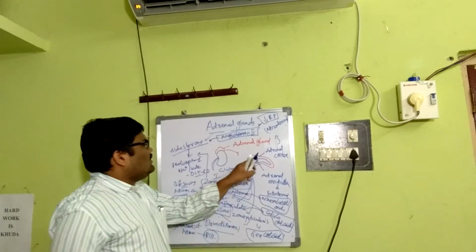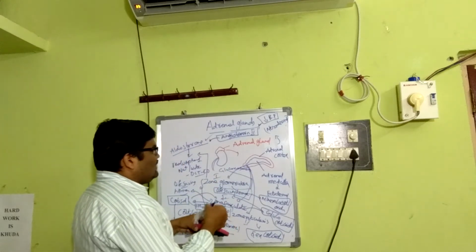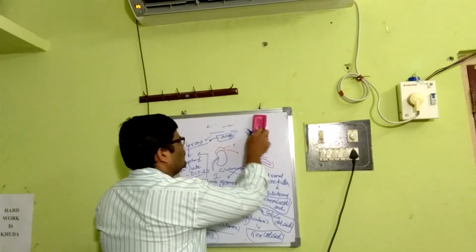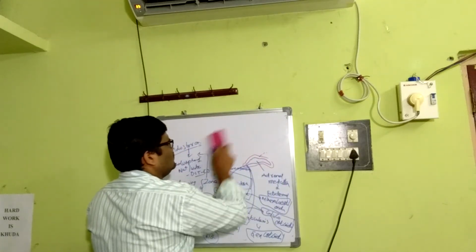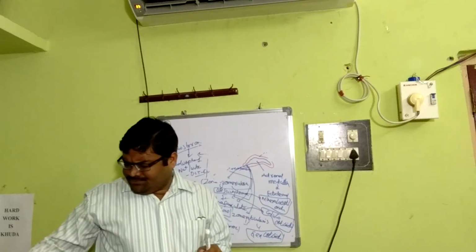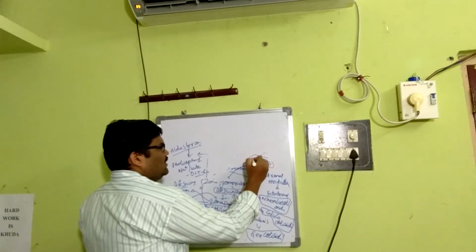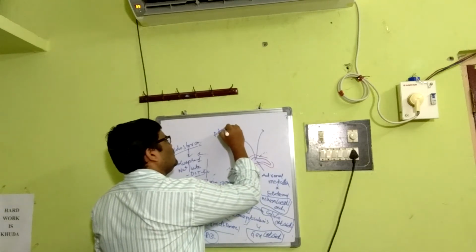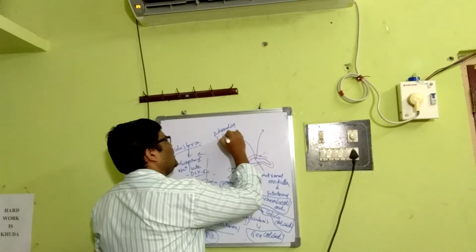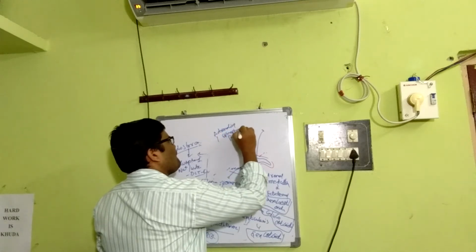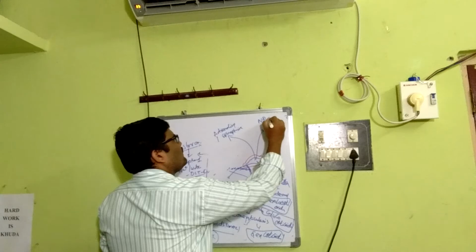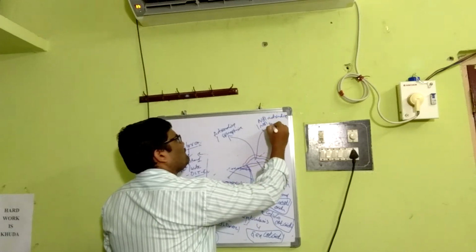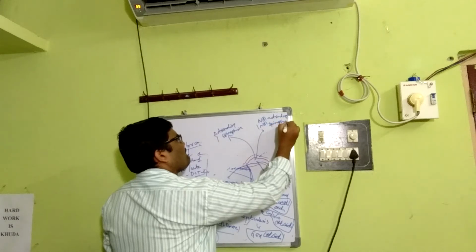There is another part that we call the adrenal medulla, and this adrenal medulla will release two different kinds of hormones: adrenaline or epinephrine, and noradrenaline or norepinephrine.